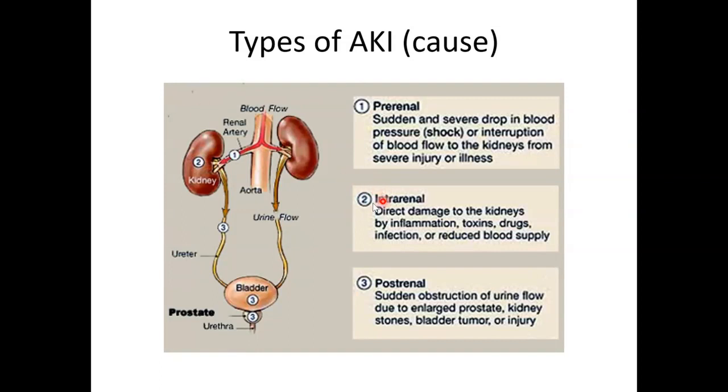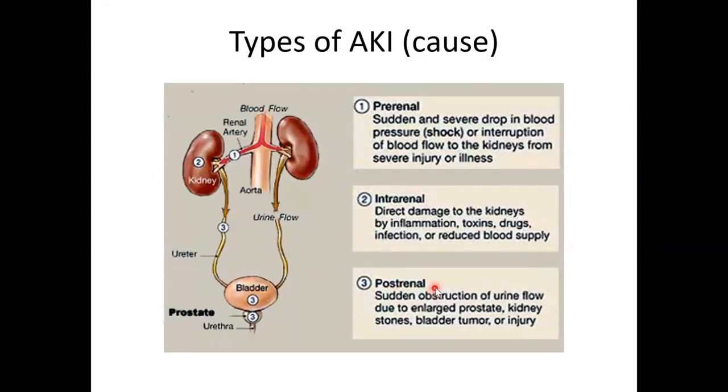That would be intrarenal. Inflammation, toxins, and drugs are very common reasons why somebody has intrarenal failure. We give them antibiotics that can cause it. Heavy metals, different types of substances that circulate in the bloodstream and travel to the kidney, are just too harsh on the kidney, and it causes intrarenal failure.